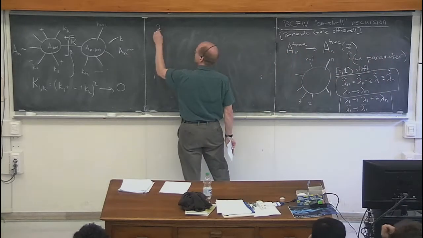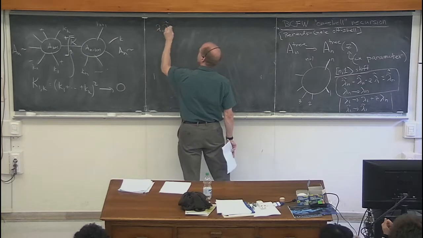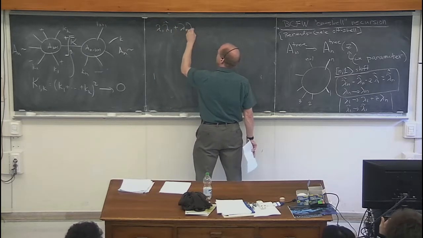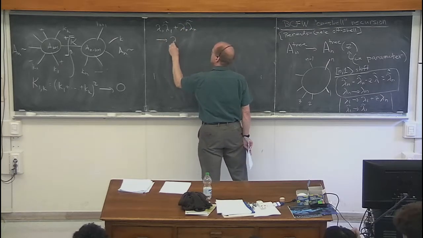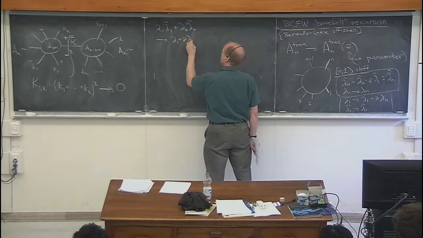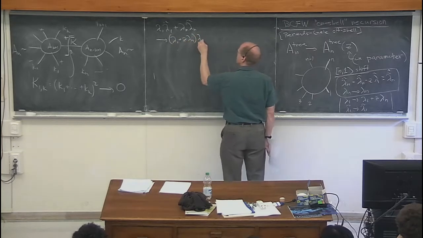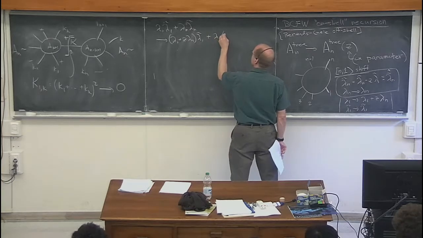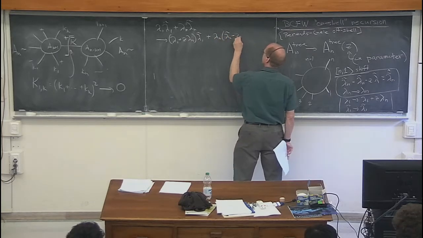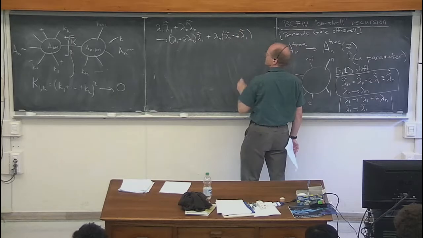So that's lambda 1 times lambda 1 tilde plus lambda n times lambda n tilde, and that goes to lambda 1 plus z lambda n times lambda 1 tilde plus lambda n times lambda n tilde minus z lambda 1 tilde.